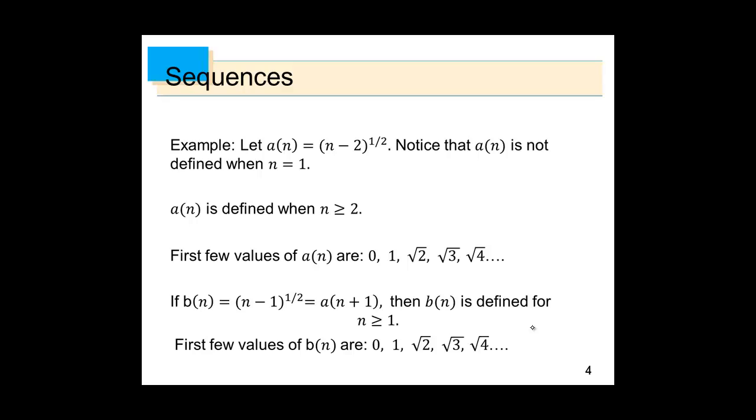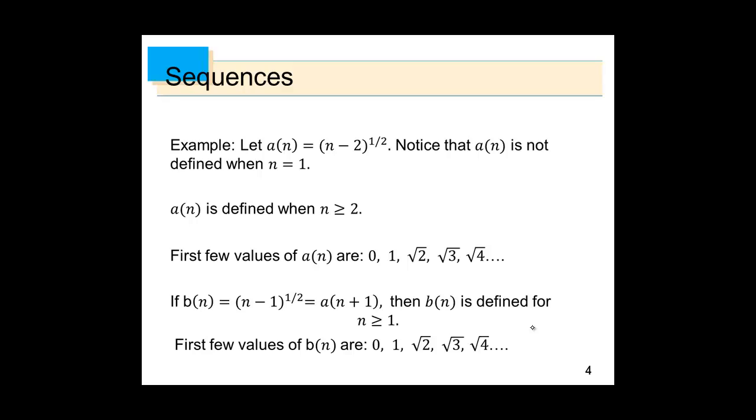A of n is n minus 2 to the half, right? If you replace n by n plus 1, you get n minus 1, right? So that's what I'm taking B of n to be.